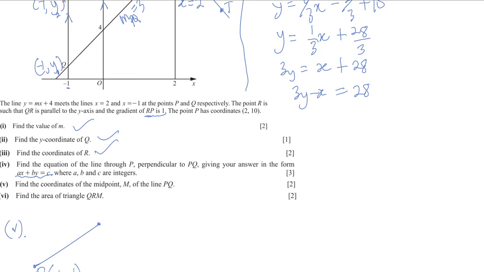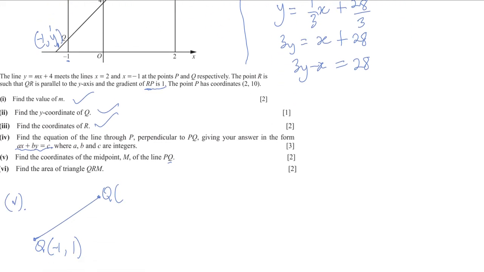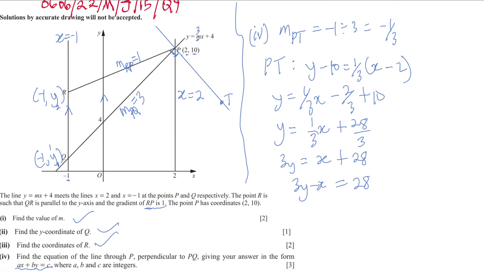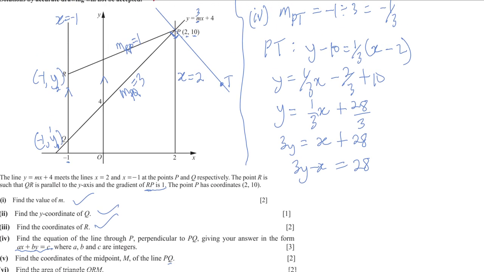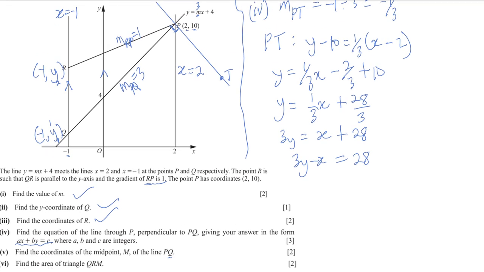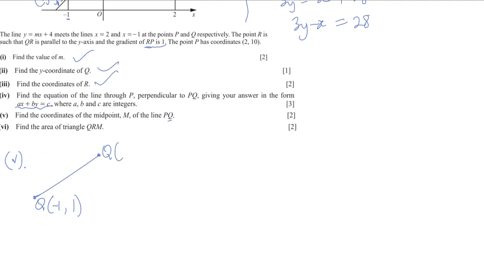In previous working, we had the value of y1 as 1. And now the coordinate of Q in the diagram... Coordinate of P in the diagram is 2, 10. So I write 2, 10 here.